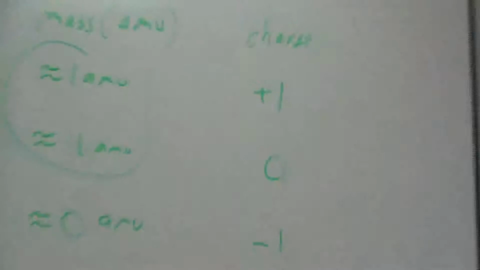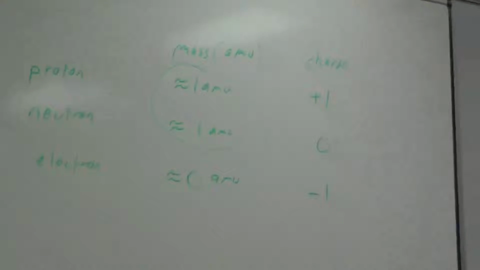And what keeps the electrons in orbit is opposite charge attraction. Because the protons in the nucleus are positive, the electrons are negative, they continue to orbit around. They don't wander off because of opposite charge attraction. All the heavy stuff is piled into the nucleus, and these electrons, which weigh very little, they're the ones in motion. They're the ones moving around.